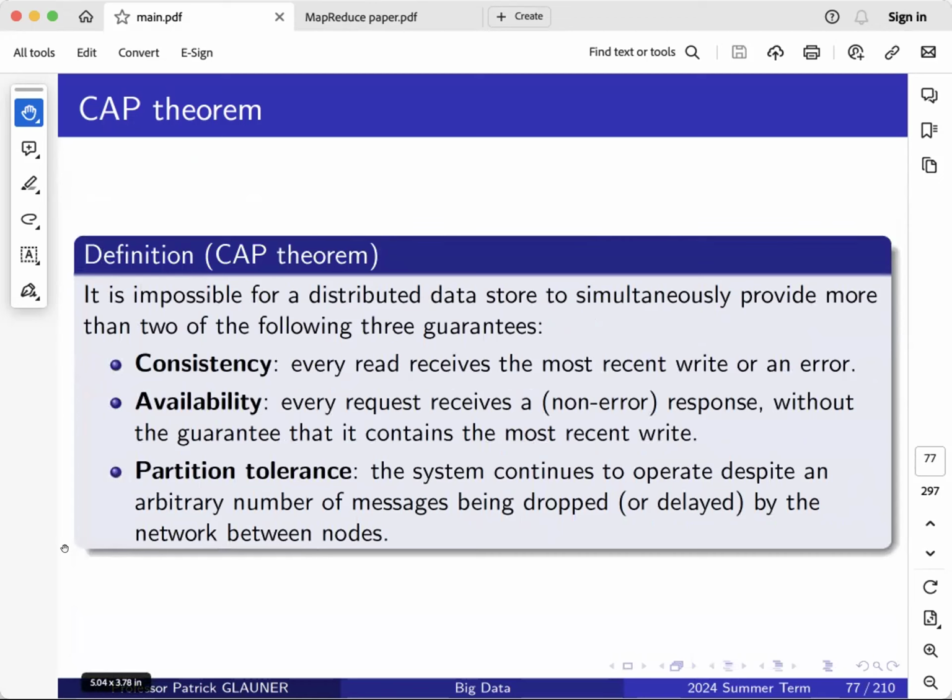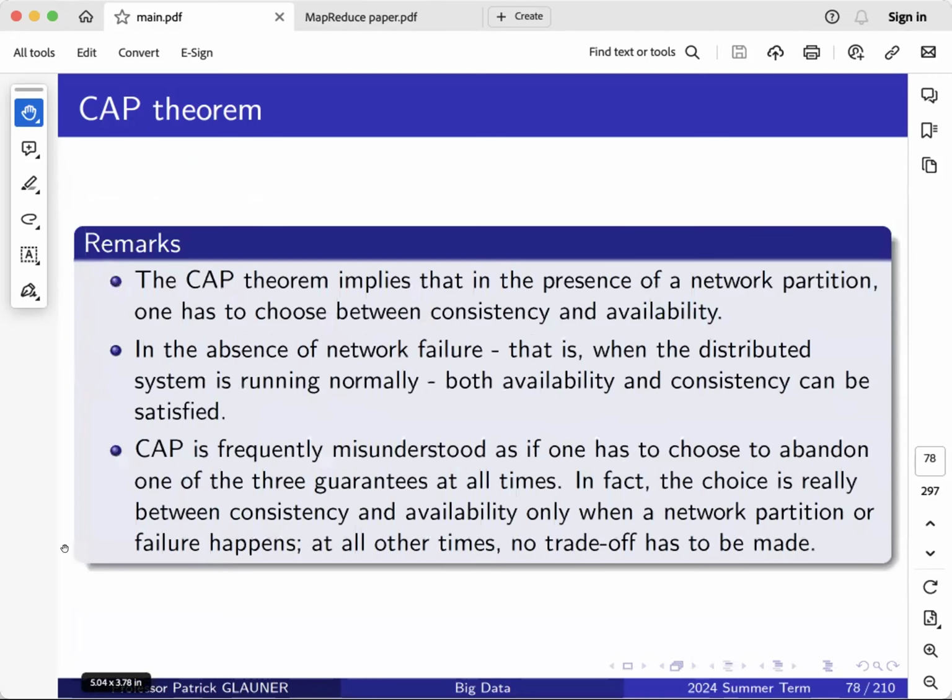However, there are also a lot of misunderstandings around the CAP theorem. The CAP theorem implies that in the presence of a network partition, you have to choose between consistency and availability. But when there are no network failures, then you can have availability and consistency at the same time.